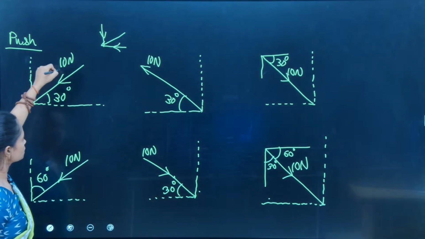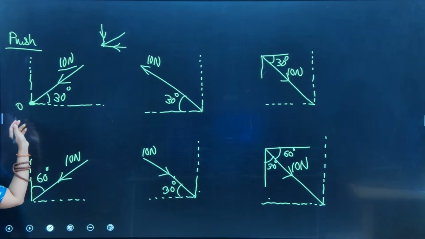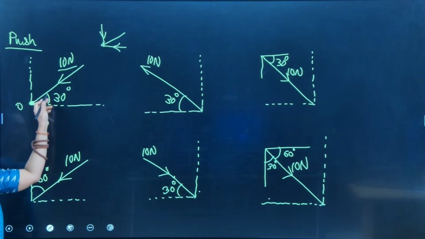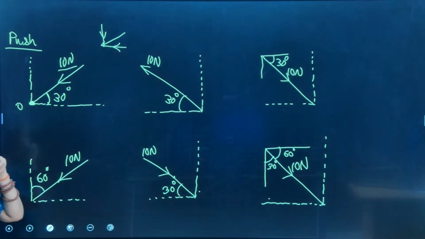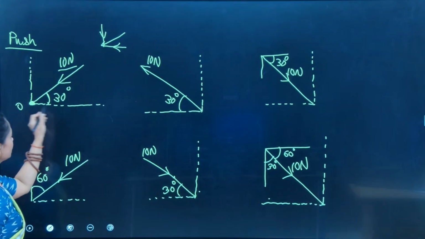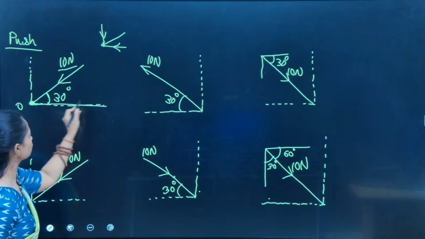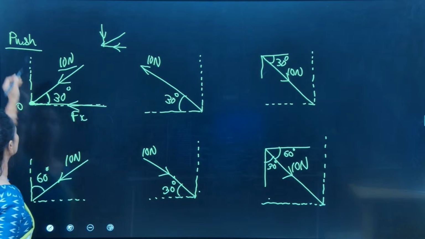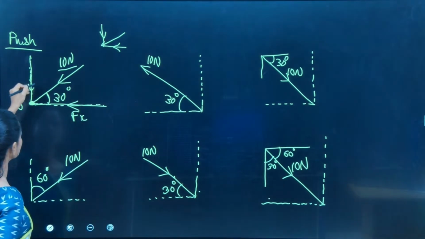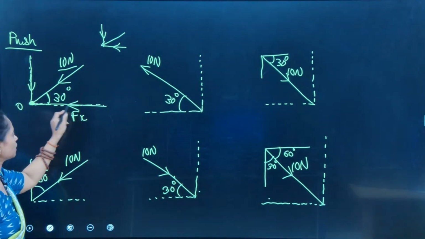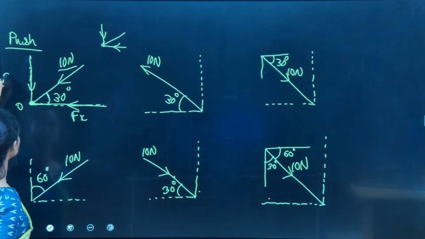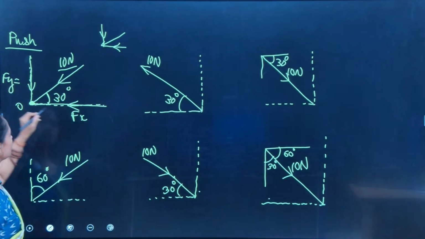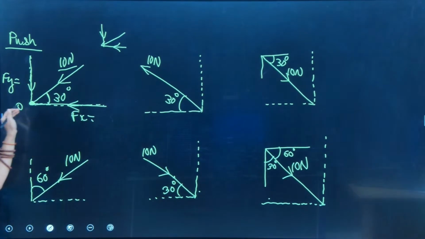I have a force of 10 Newton acting towards point O, inclined at 30 degrees with the horizontal. This is its x component and this will be its y component. Both these components Fx and Fy will be acting towards the point.